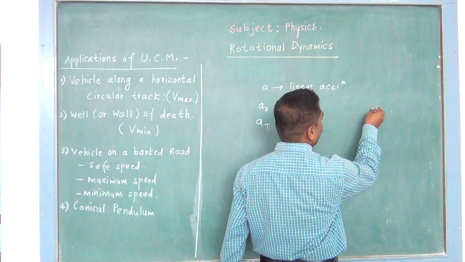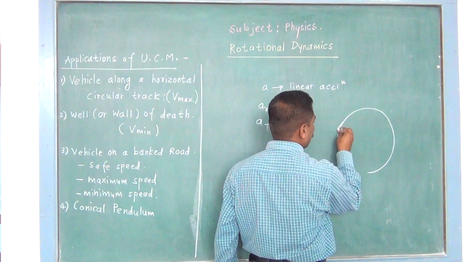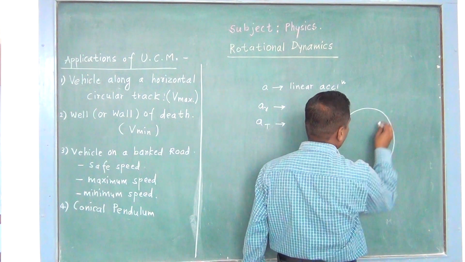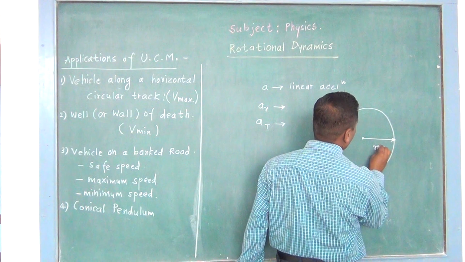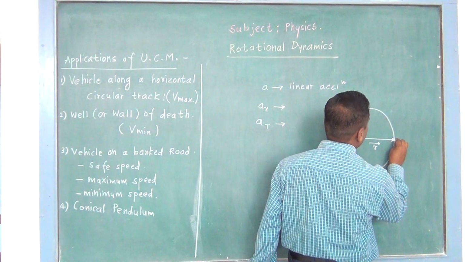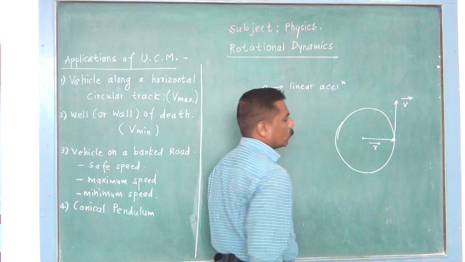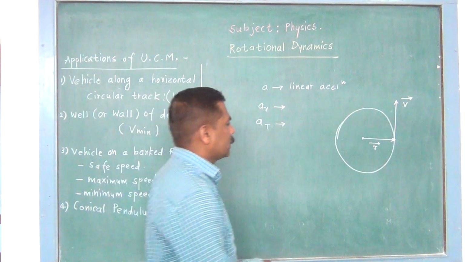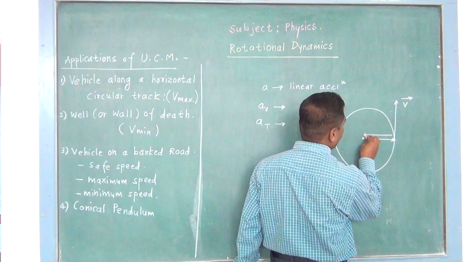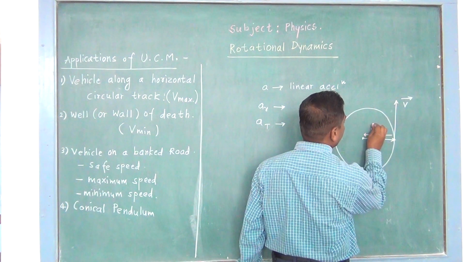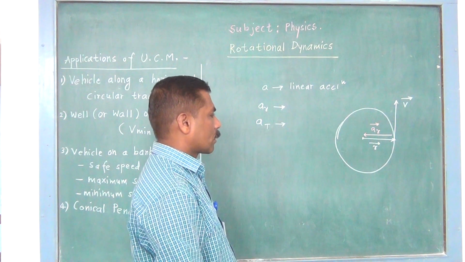Suppose this is the diagrammatic representation: this is the radius or the position vector, this is the direction of the velocity, then we know the direction of the radial acceleration is along the radius towards the center of the circle.